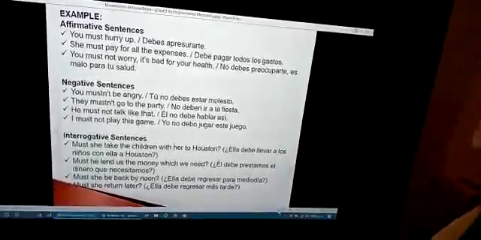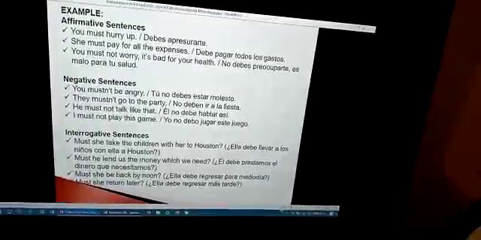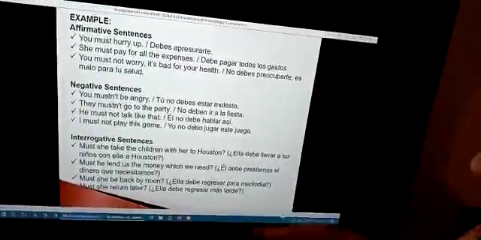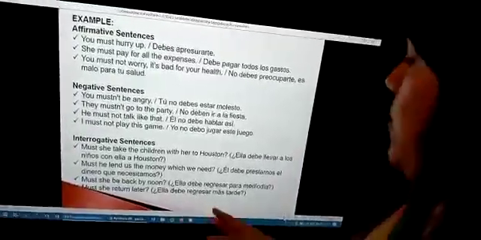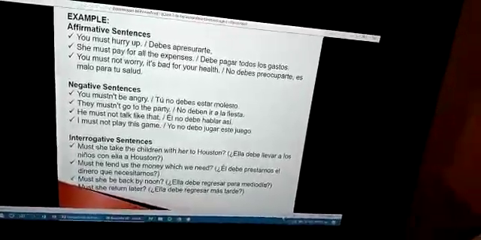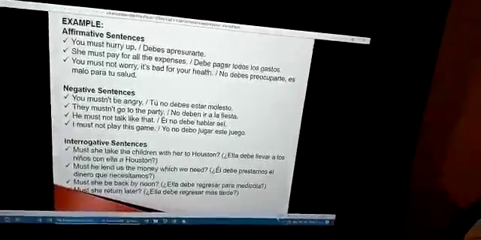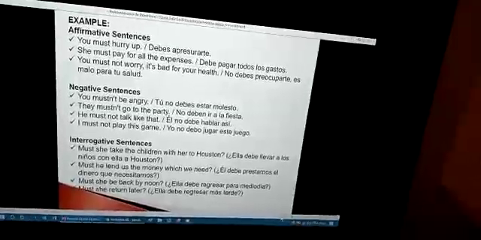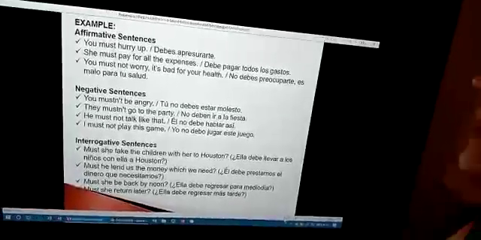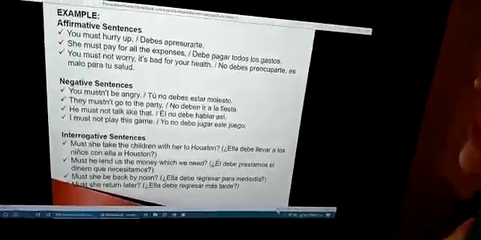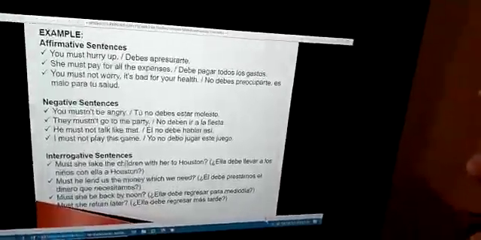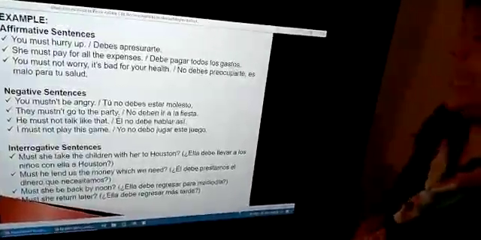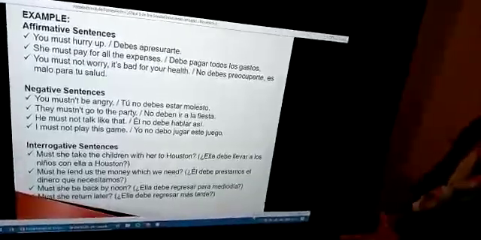Spanish, ¿él debe prestarnos el dinero que necesitamos? The next question is, must she be back by noon? In Spanish, ¿ella debe regresar para el mediodía? The next question is, must she return later? In Spanish, ¿ella debe regresar más tarde?